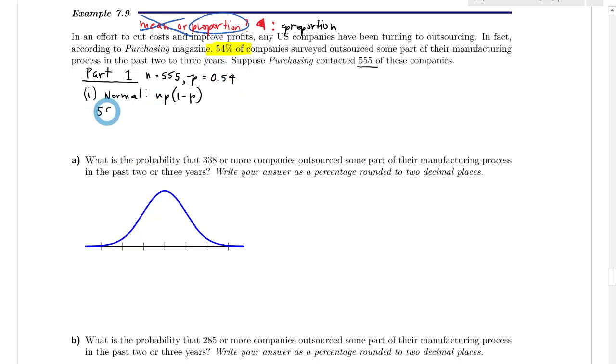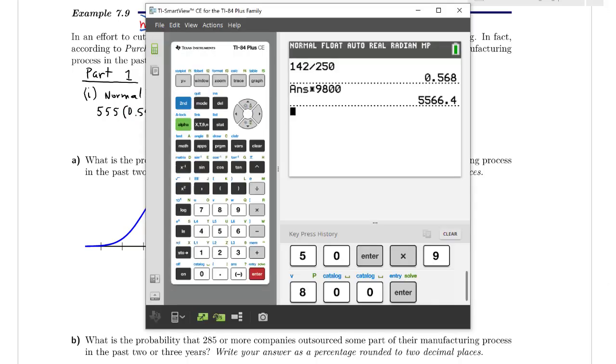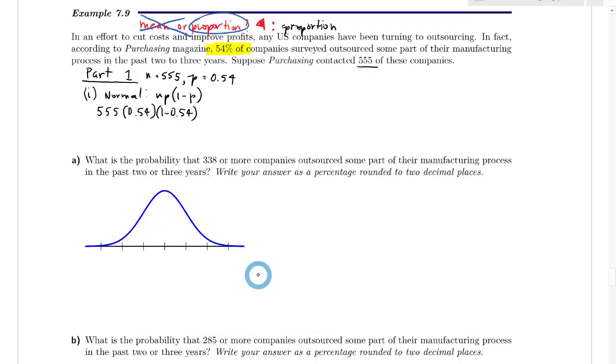So if I take 555 times 0.54 times 1 minus 0.54, let's hope it's greater than or equal to 10. So 555 times 0.54 times 1 minus 0.54, we get 137.9. Okay, that is definitely greater than or equal to 10. So we can go ahead and assume that the population is approximately normal.